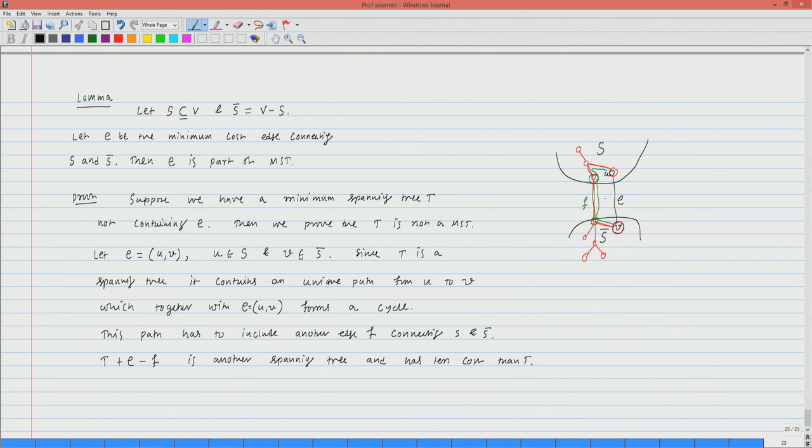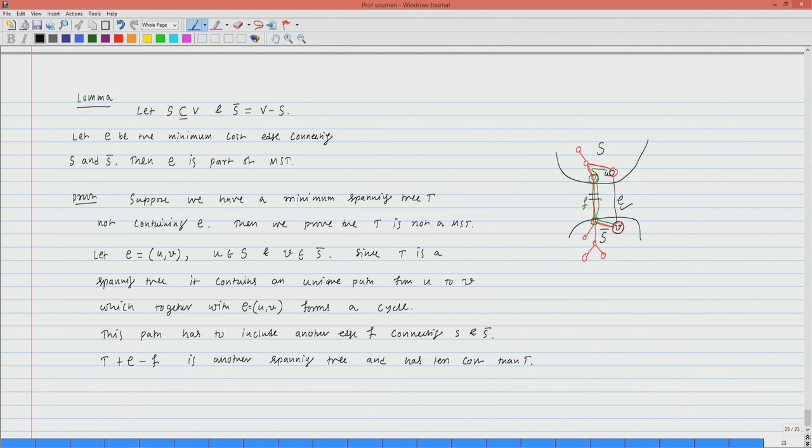Because I started with this red tree, and f is also an edge connecting S and S complement, but among all the edges connecting S and S complement, E is the minimum cost. Now, I remove f from this red tree and include E in the red spanning tree.